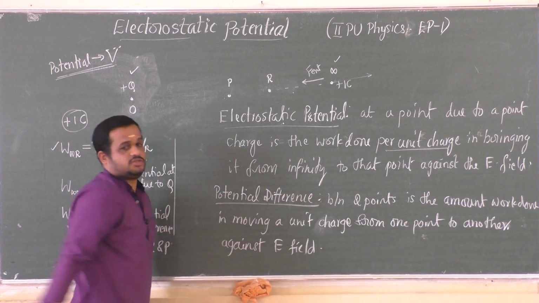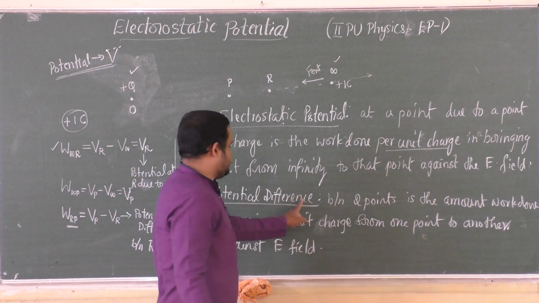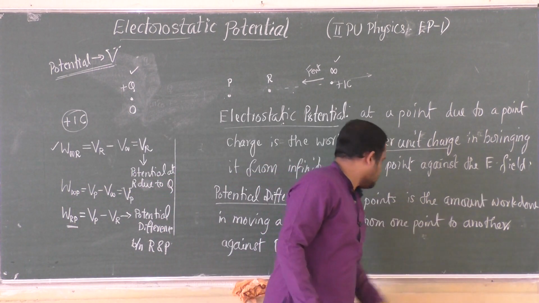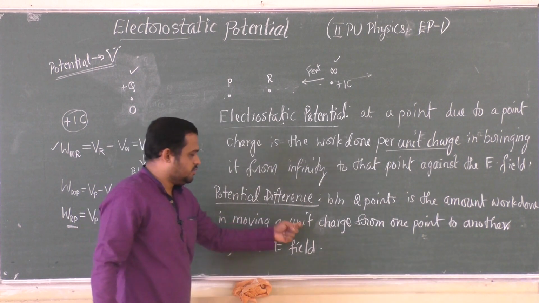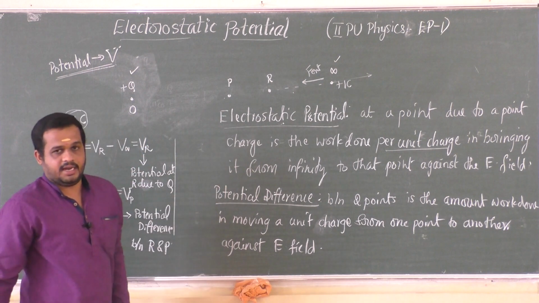Now this is the definition of potential difference. Potential difference between 2 points is the amount of work done in moving a unit charge from one point to another against the electric field.